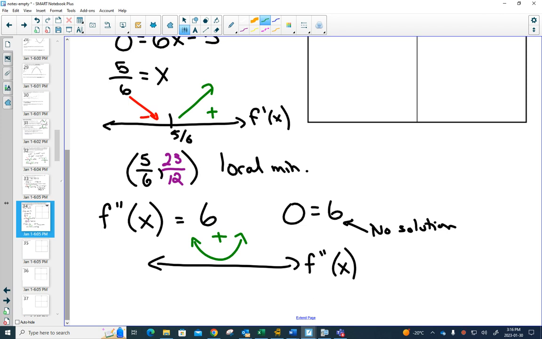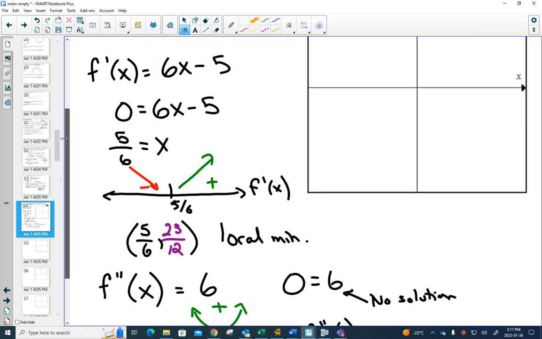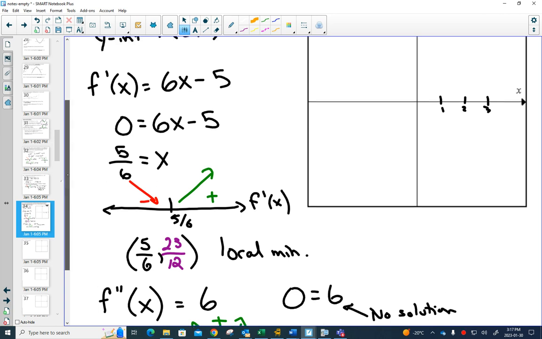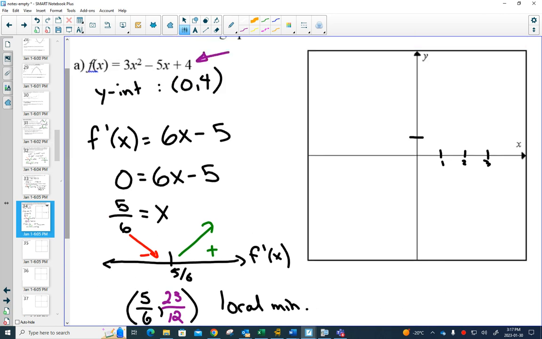And now you knew this already because it was a parabola, right? You know some things about parabolas. You know that they're always concave up. The smiley face is like a parabola to begin with. And so we didn't need to do all of this work, but what we can now do is go on here. 1, 2, 3, and 23 over 12. 1, 2, 3.